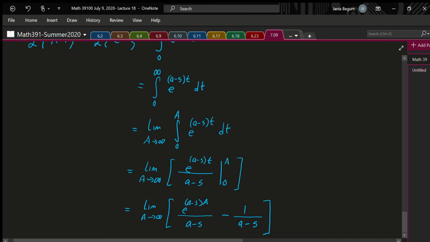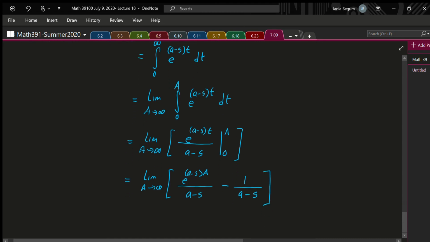Okay, so now what happens? We want this limit to go to 0, right? So that we have convergence. So here's how it's going to go to 0. If we impose the condition, as long as s is greater than a. You agree?